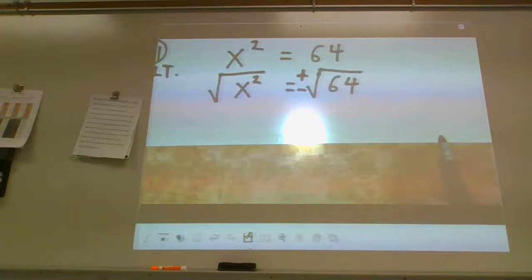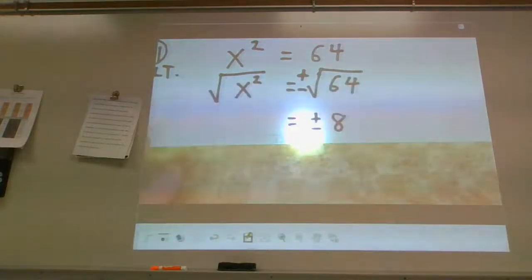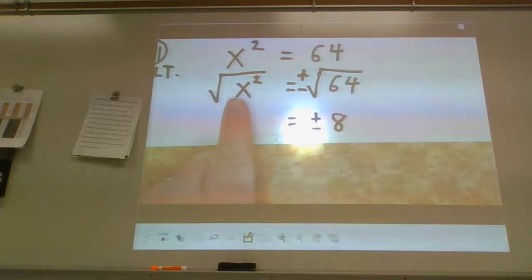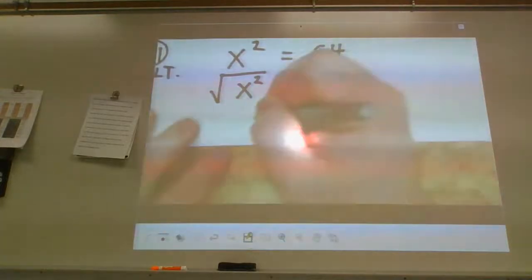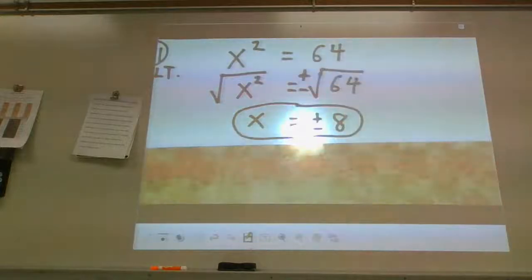The square root of 64, I know it's 8, and that plus or minus is still there. The square root of x squared on the left side, they cancel, leaving you with just the x. Yes, indeed.